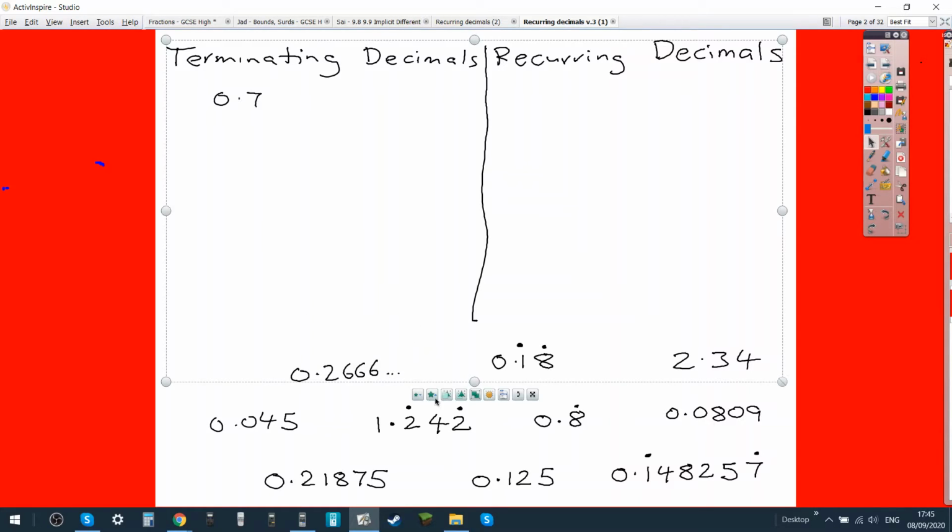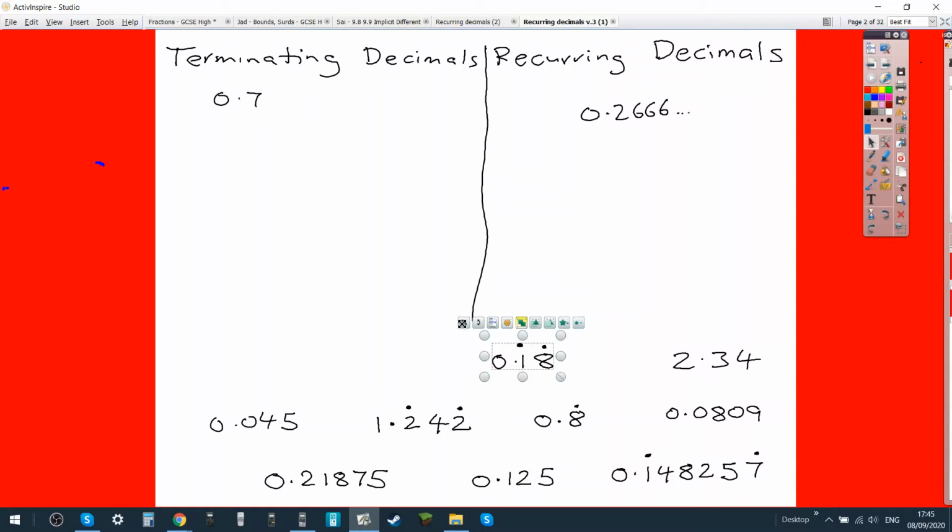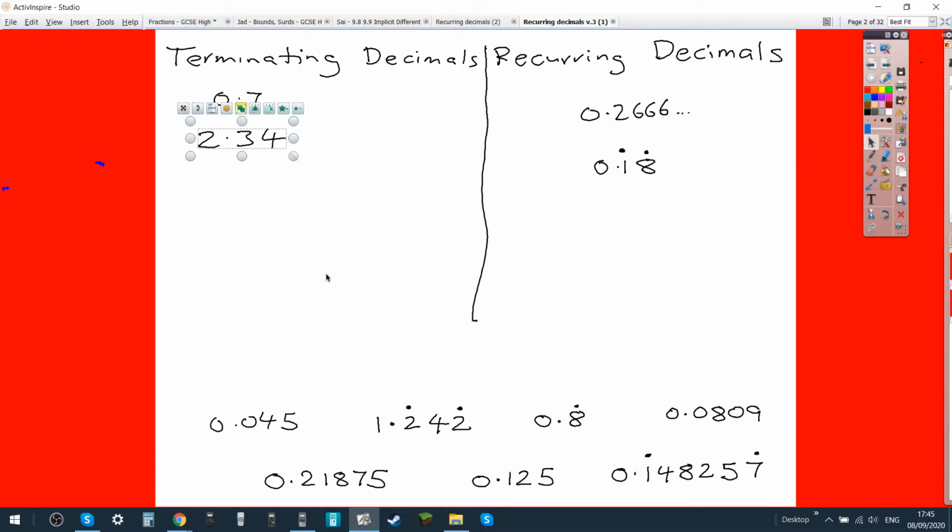Yeah. 0.18 is recurring. 2.34 is terminating. Yeah. 0.045 is terminating. Yeah. 1.242 is recurring. Yeah. I think you're good for these. Let's move that there.